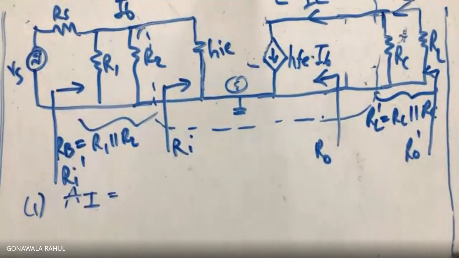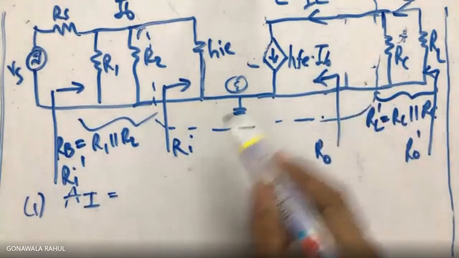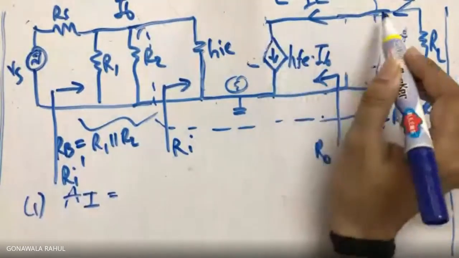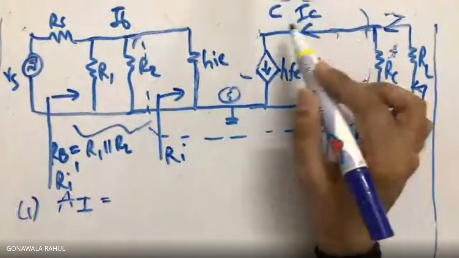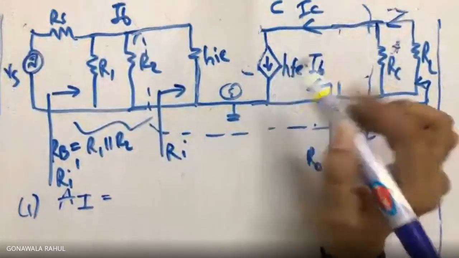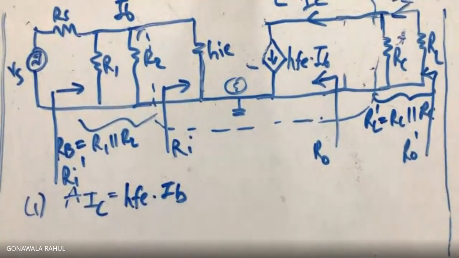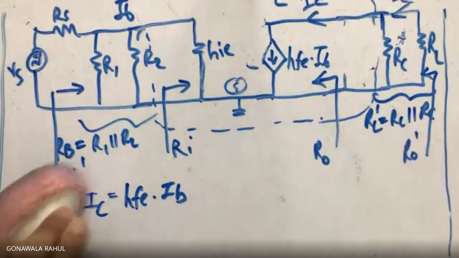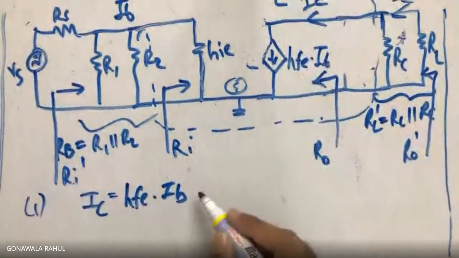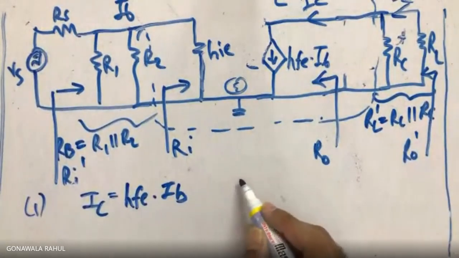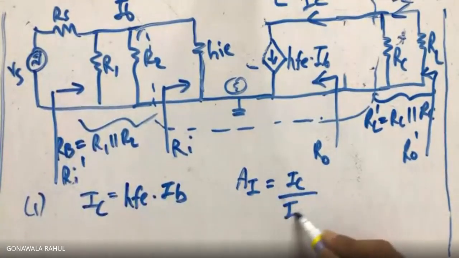Here we have load current. So this is IC, flowing in this direction. So we can write that IC is equal to HFE into IB. And we want to find the current gain, that is AI, output current by input current.